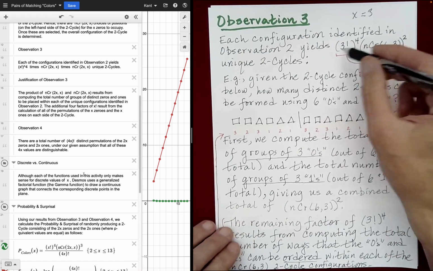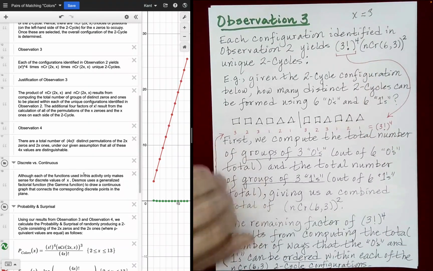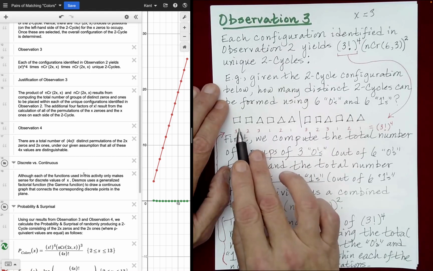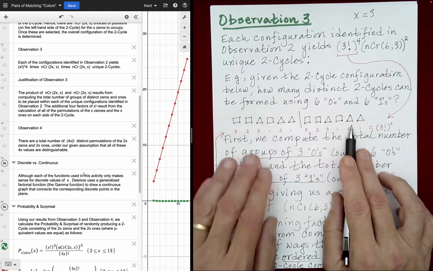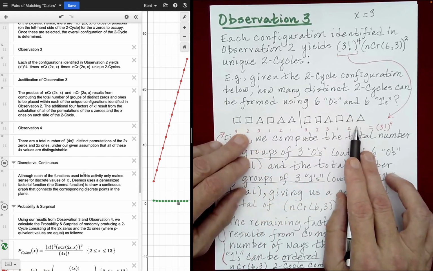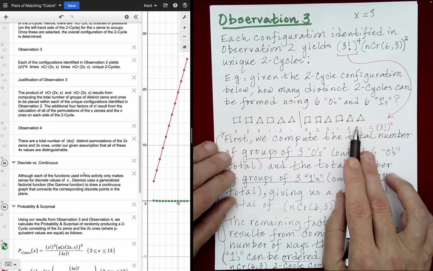Well, how did we get this product? The idea is to imagine considering any one specific skeletal structure. So let's work with the one that I've drawn on the previous page for observation 2.